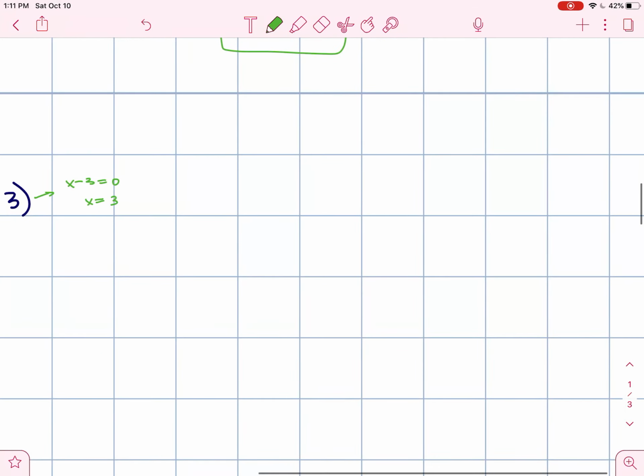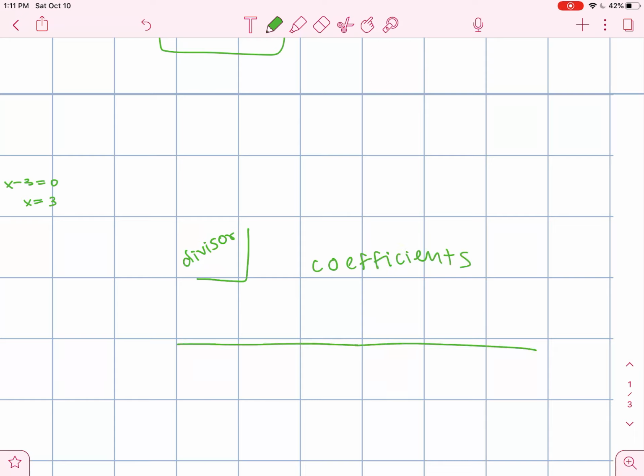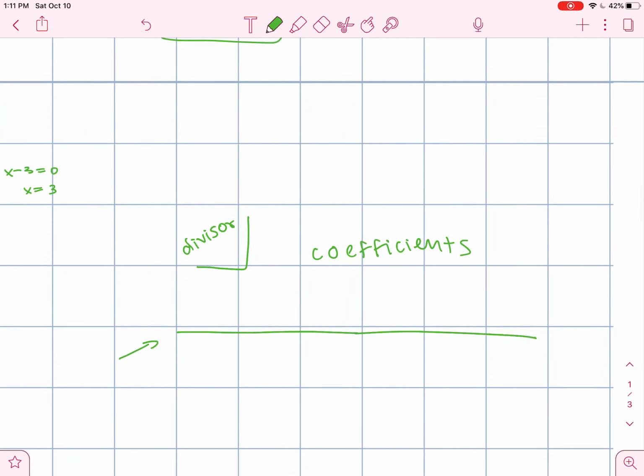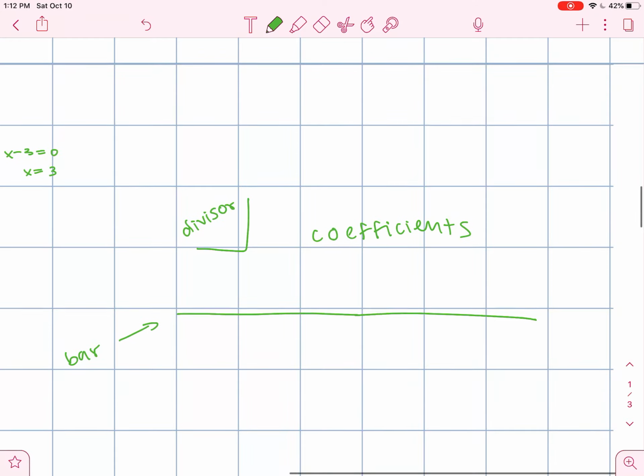So remember, in synthetic division, you always have the divisor. I always get those two confused. Divisor and then the coefficients over here. And then you have your bar, or whatever you want to call it. And then you have your coefficients of your answer.